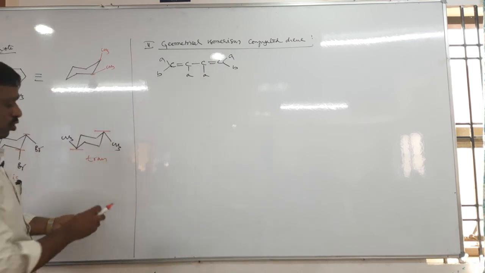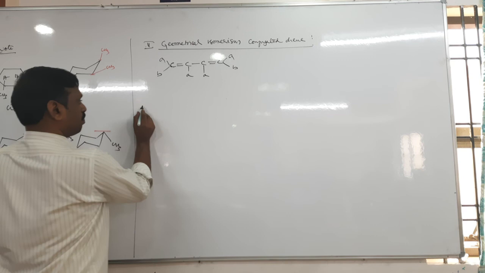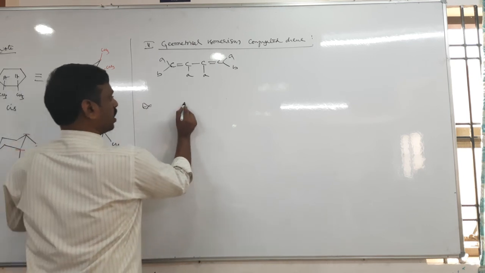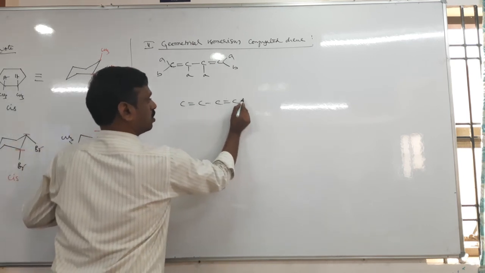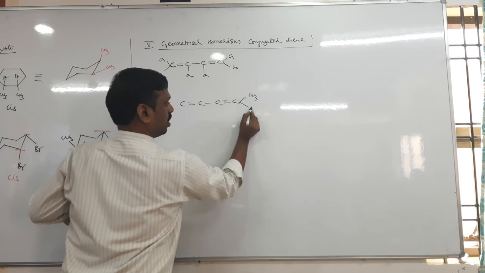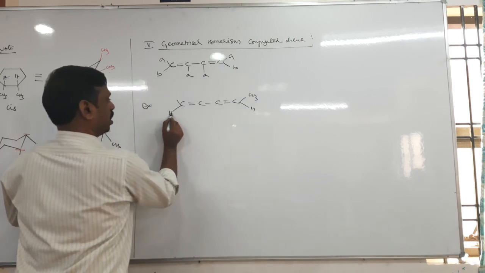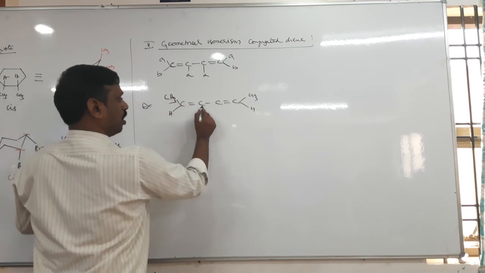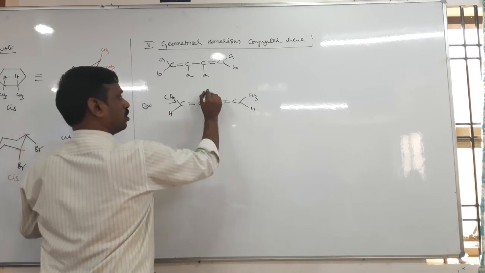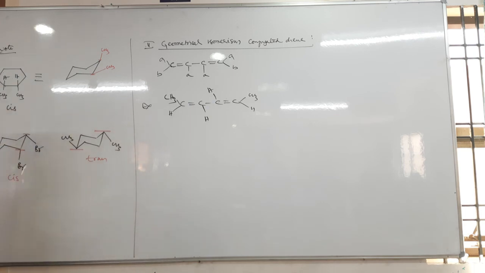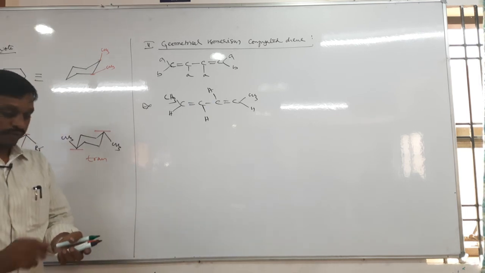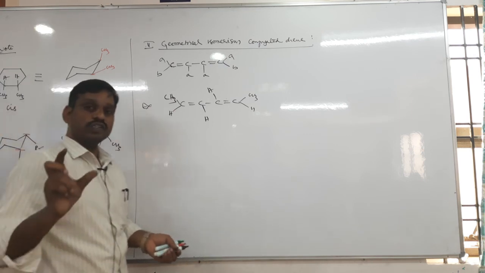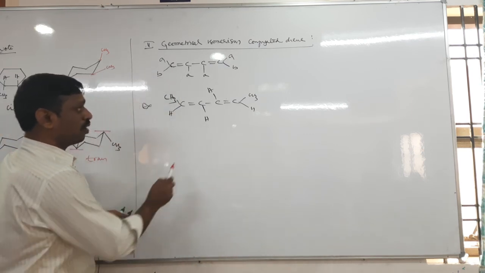So, for example, let us take a carbon-carbon double bond here. It is methyl, hydrogen; hydrogen, methyl; hydrogen, hydrogen. Tell me, what about cis-trans isomerism? In the case of conjugated dienes, there are two parts.